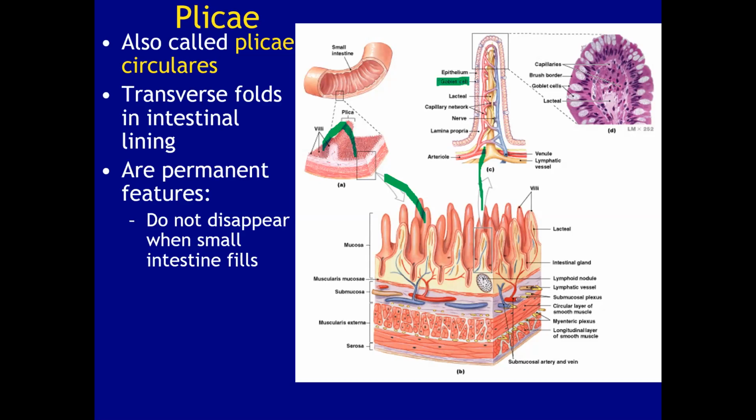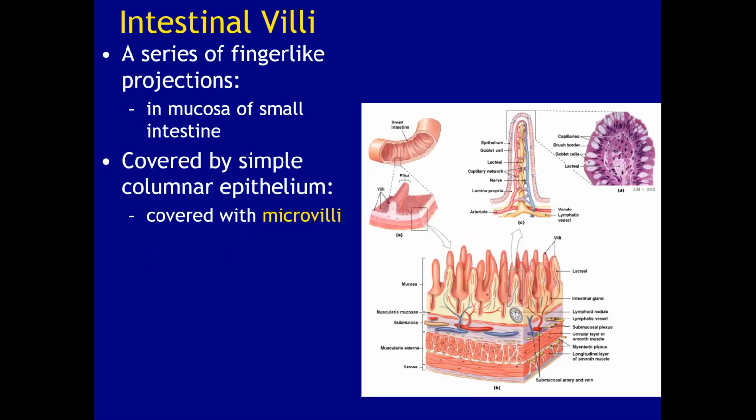Also notice we have goblet cells, we have nerves in here. So these villi are these finger-like projections. They're in the mucosa and they are covered with the microvilli. And that is what you can see in this image.